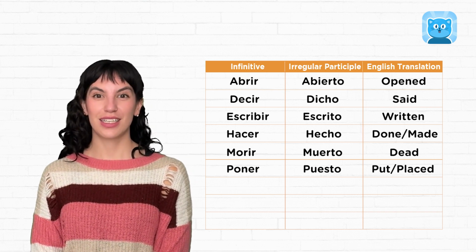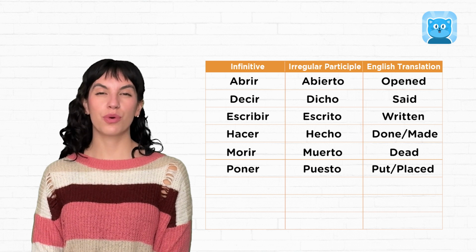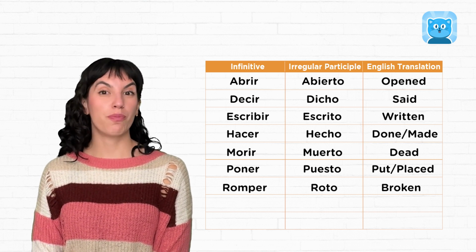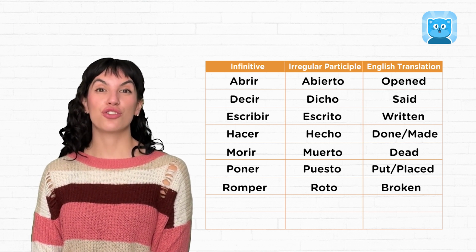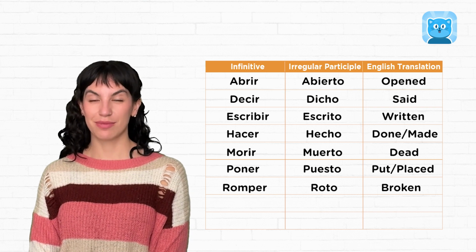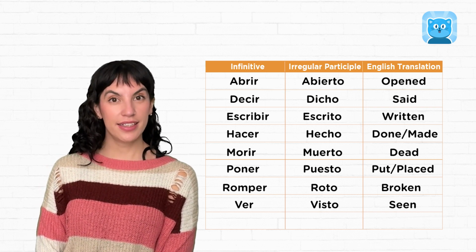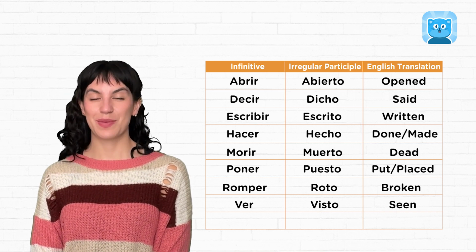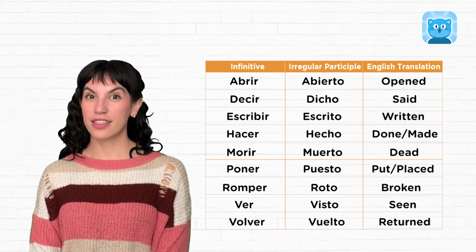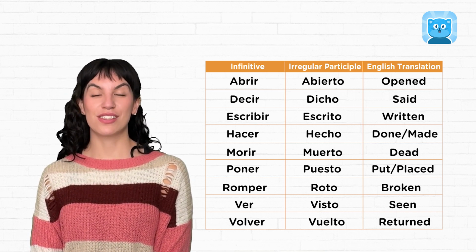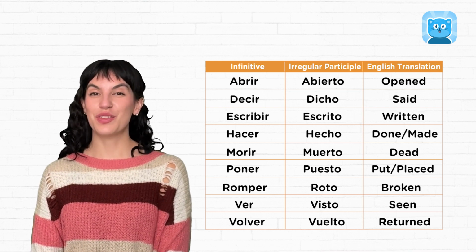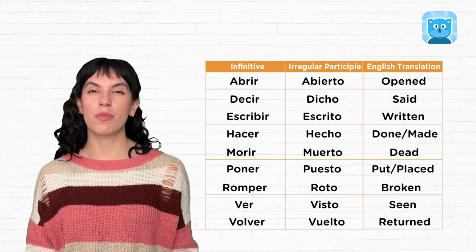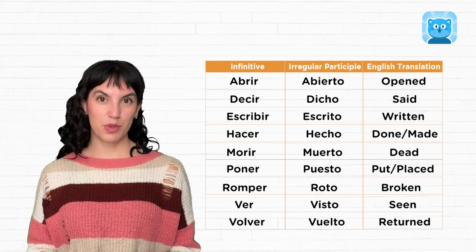Poner, puesto, put or placed. Romper, roto, broken. Ver, visto, seen. Volver, vuelto, returned. So this is my list of the most commonly used participles.